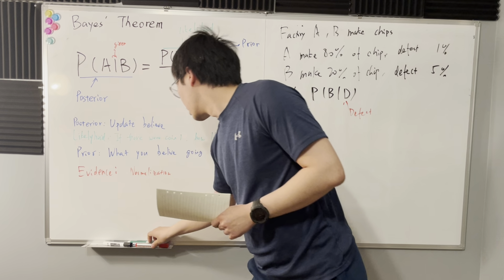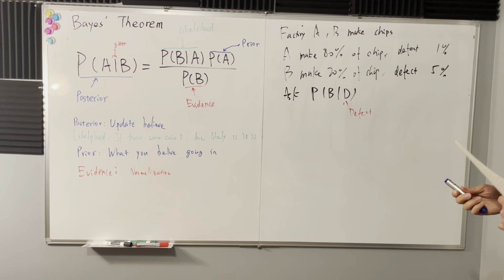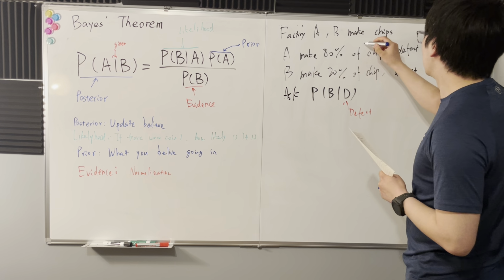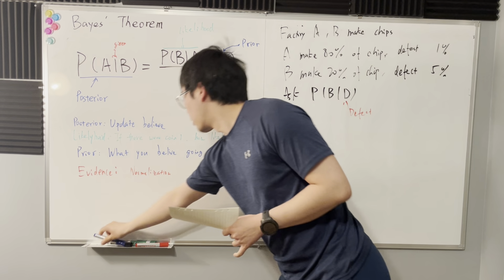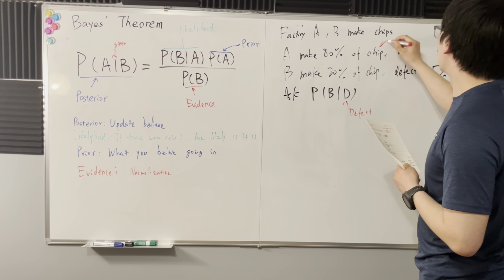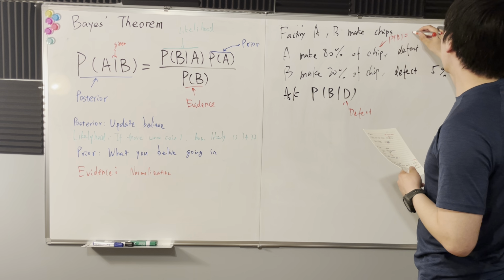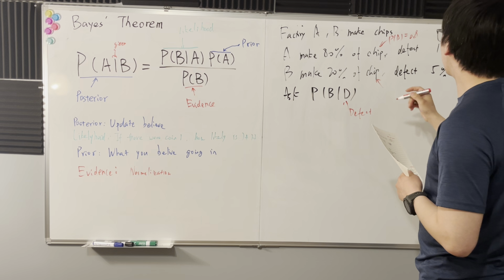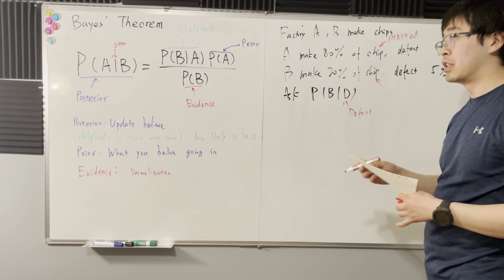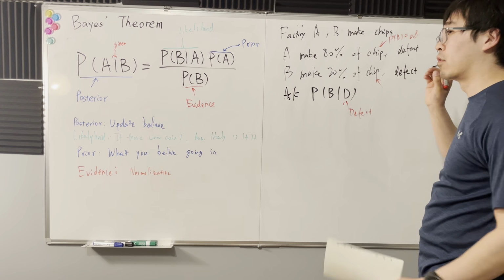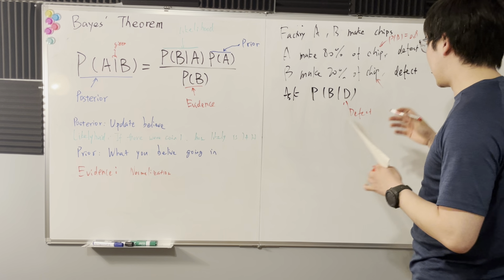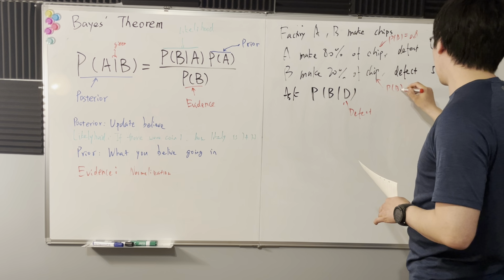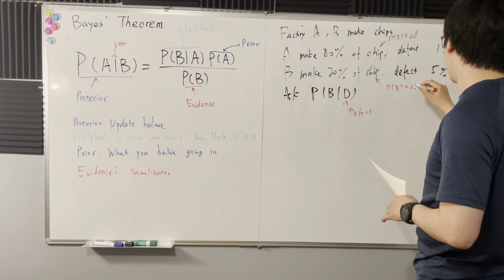Let's first translate English into actual probability. P(A) equals 0.8. If you have a pool of chips and draw a random one, there is an 80% chance the chip was made by factory A. Similarly, P(B) is 0.2.